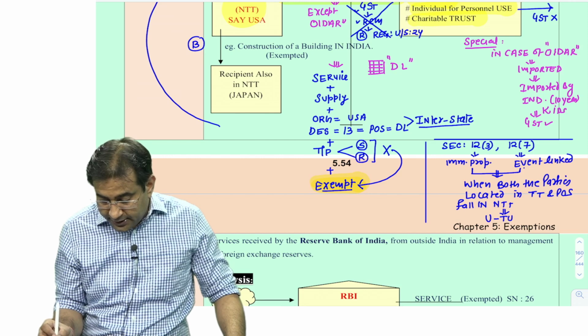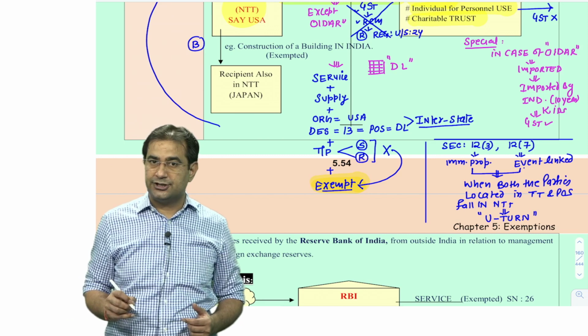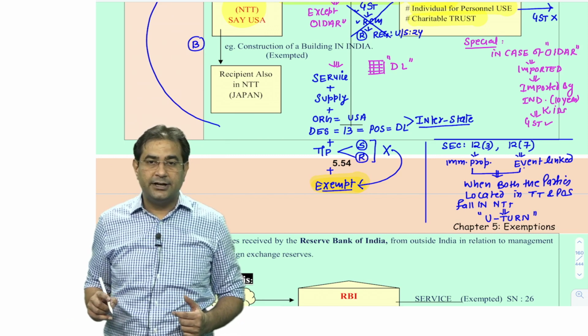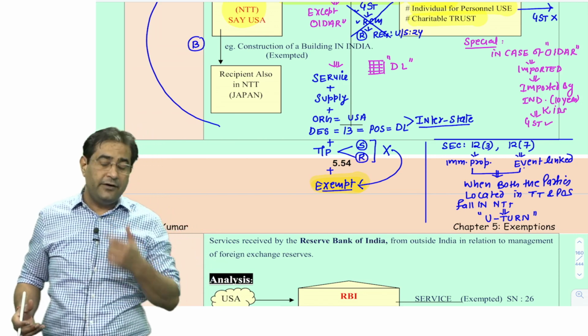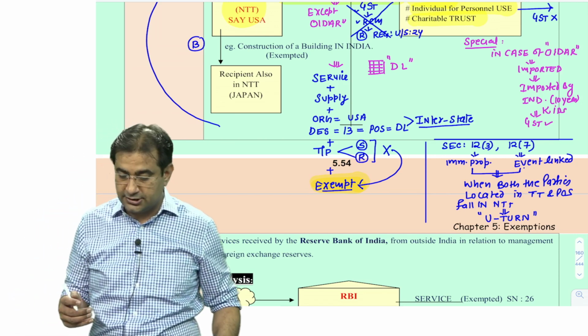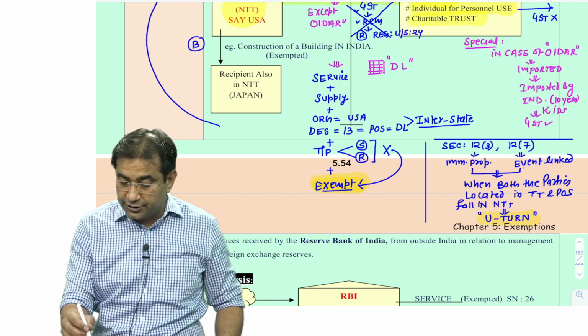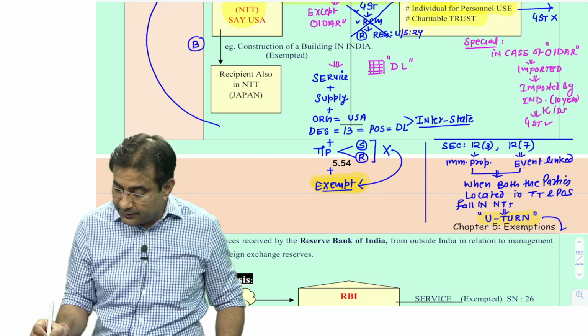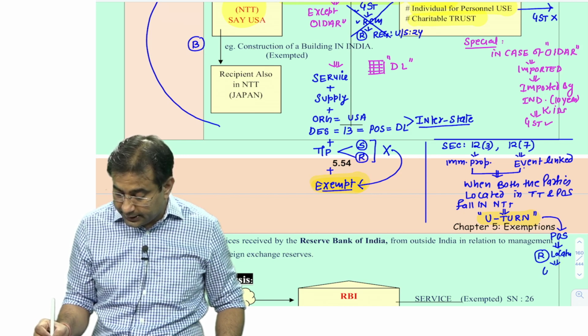Remember, there was a provision of U-turn in this particular situation. And government said, if both the parties are in India, then why are we not collecting GST in such circumstances? So government created an exceptional provision of U-turn, that in such a particular situation, place of supply shall be deemed to be at the location of the recipient, so that GST would be collected.